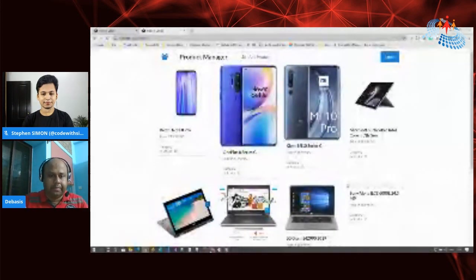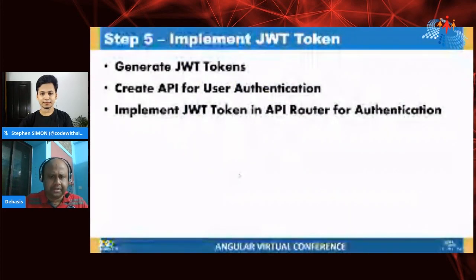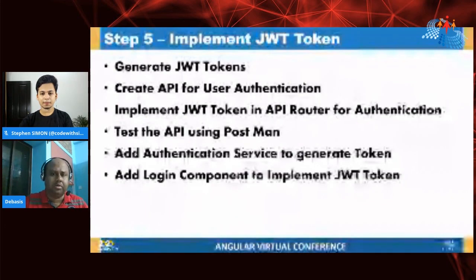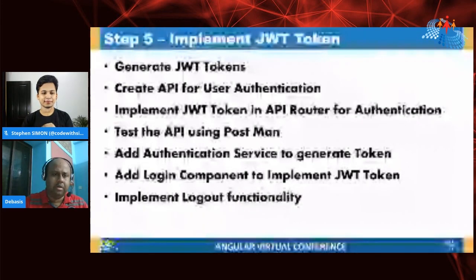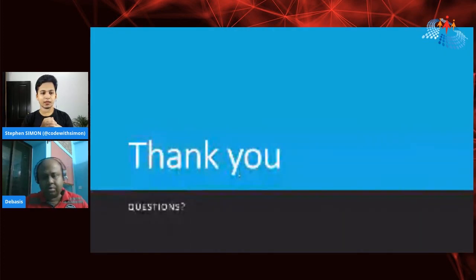So in this way, we can implement the JWT token in our application. We can test the API using Postman, add authentication, and add the logging component to implement the JWT token. And also we can implement the logout functionality. So that's all from my end for this session.